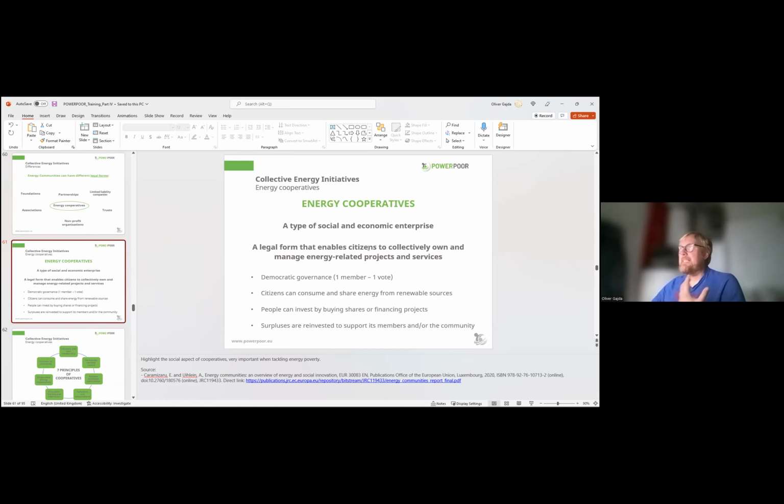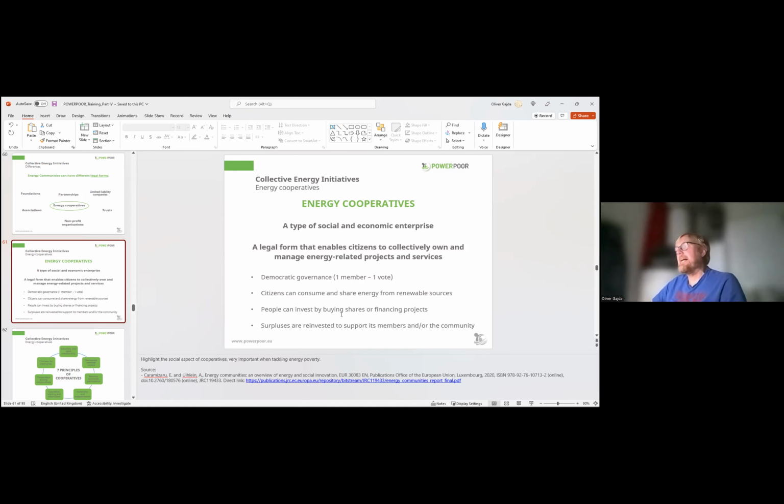In energy cooperatives, or in cooperatives, we have a clear structure. It depends on the country. It's national law, so nothing we say here will be the same in every country. But you have a governance structure that is based on democratic voting systems. You can become an owner or participant in the cooperative by buying into it.